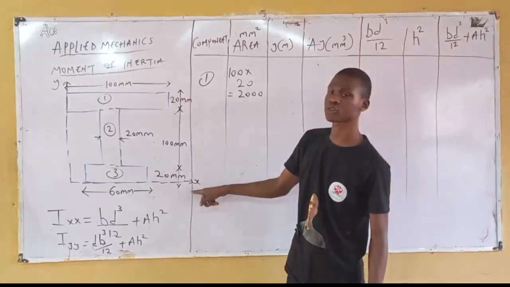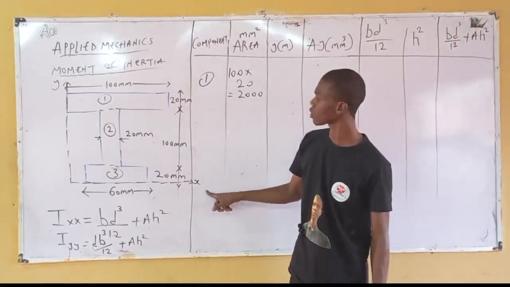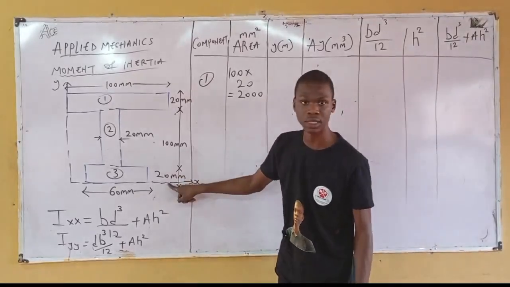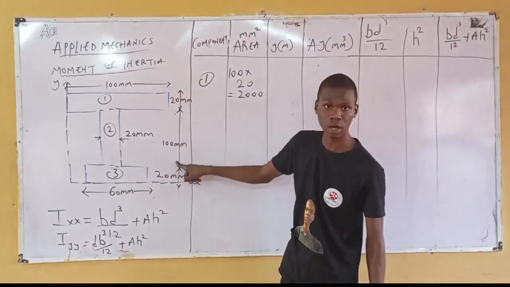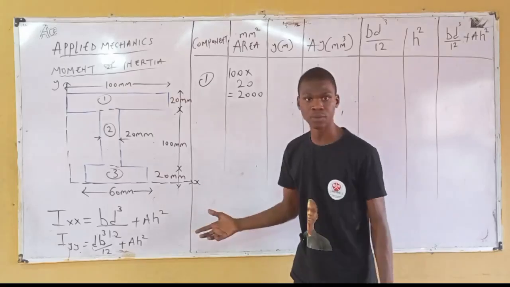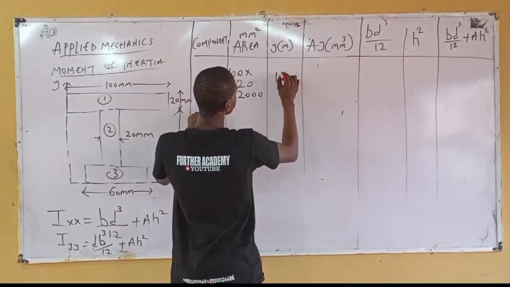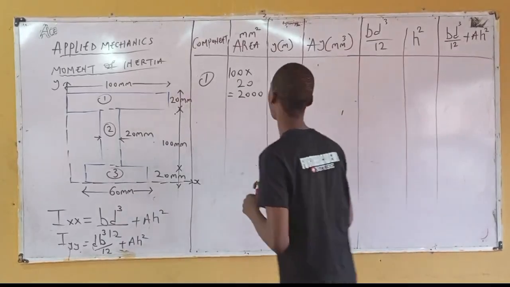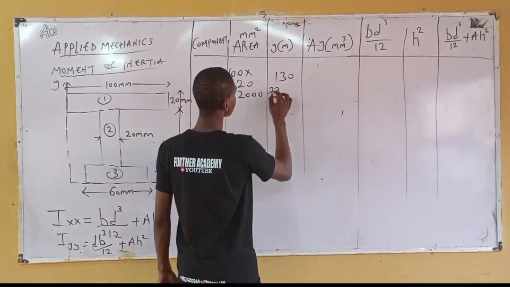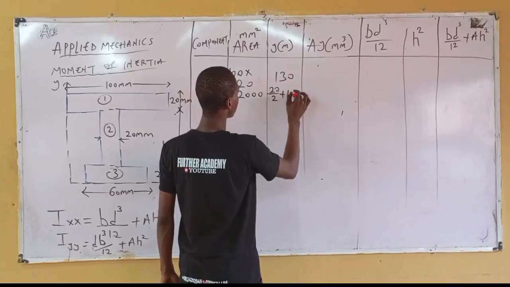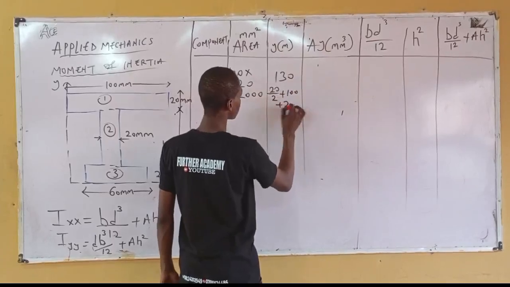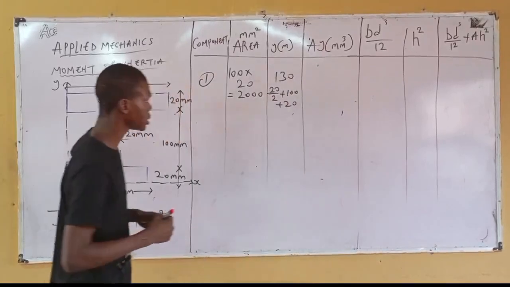The remaining distance to get to this x-axis is 120. Meaning 10 plus 100 plus 20, that's 130. So for this component 1, your y is 130. And how do you get 130? 20 divided by 2 plus 100 plus 20. And that's how you got 130.